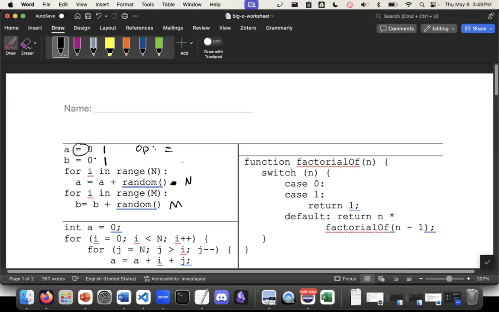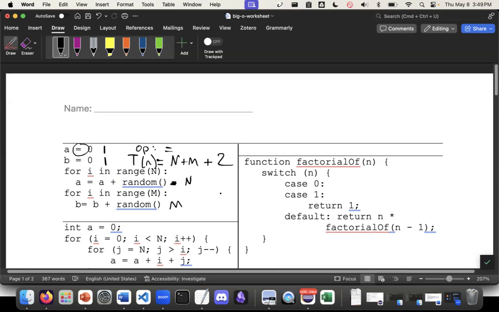And so once we go through, we have our whole equation. We can write T of n, typically we do capital T, equals n plus m, and then you can tag on the constants at the end, plus 2.